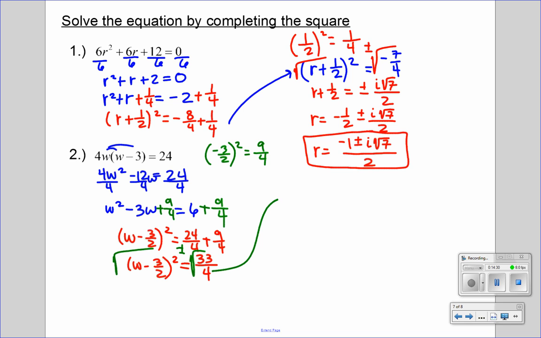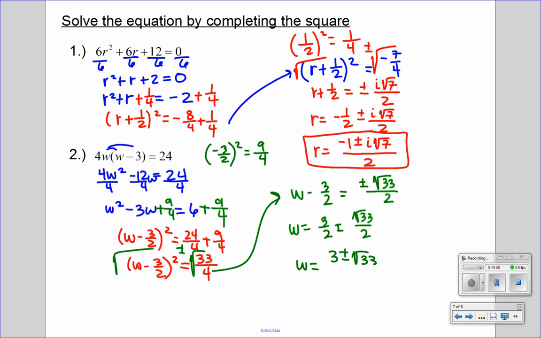So we now have w minus 3/2 equals plus or minus the square root of 33 all over 2. Okay, now we're going to add our 3/2. So w equals 3/2 plus or minus the square root of 33 over 2. We have the same denominator, so now we can combine. So our final answer for w is 3 plus or minus the square root of 33 all over 2. And that is completing the square.